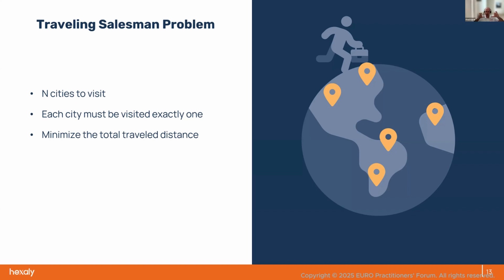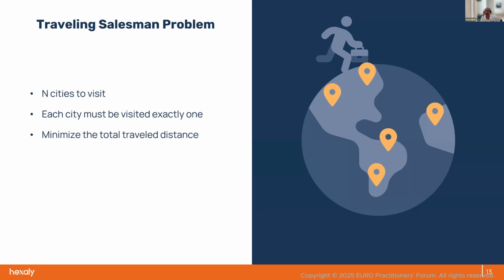You have a distance, a metric expressed on your graph, and whatever it is, you can imagine that you have a distance matrix that gives you the distance for every pair of points, and you want to minimize the total travel distance.